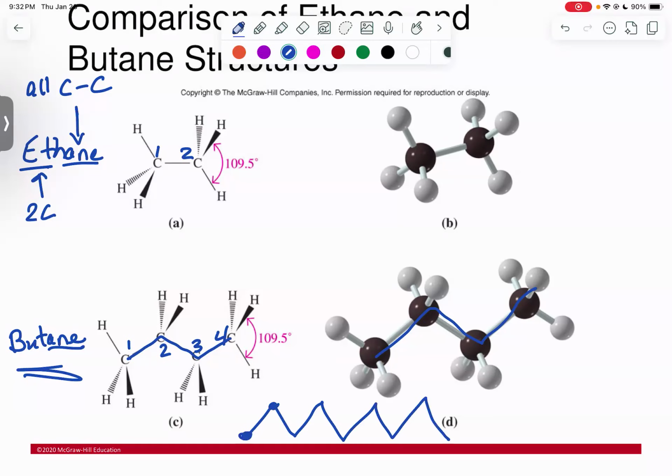And then each of these places would be a carbon. So it doesn't matter how long your carbon chain gets, it's always going to have that characteristic up, down structure, which is why we draw line diagrams that way. Okay. And that really wasn't a molecule we were doing anything with, but I just wanted to show you that.